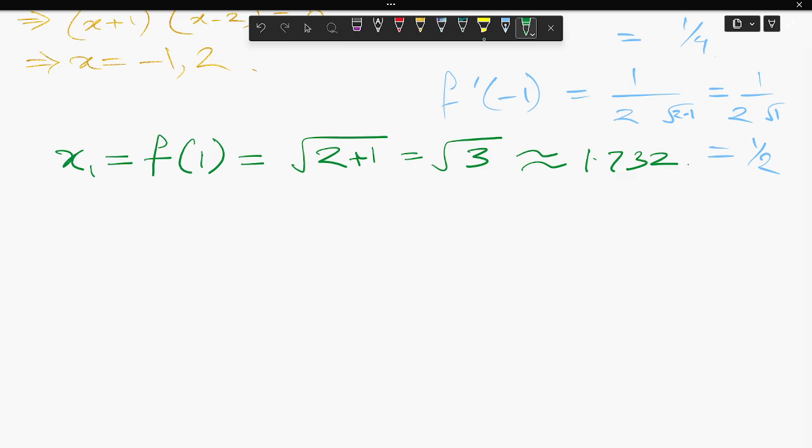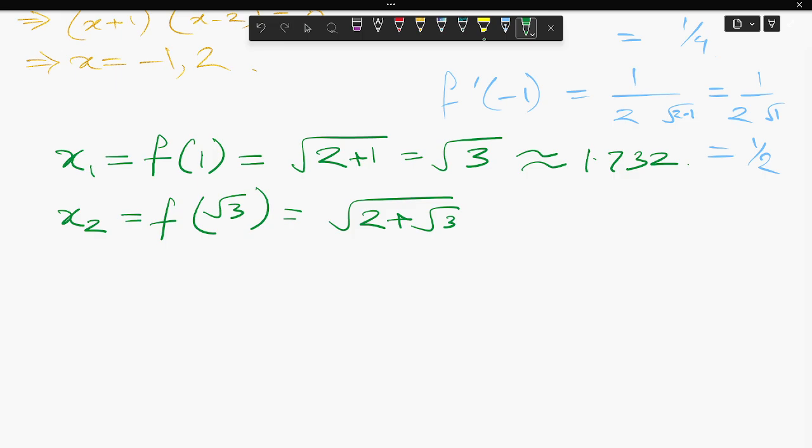So now x_2 will be f of root 3, that is root over of 2 plus root 3.